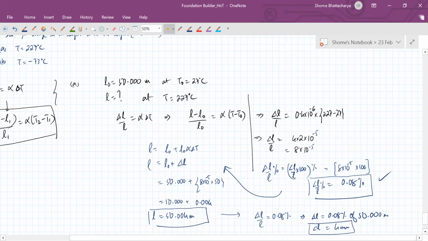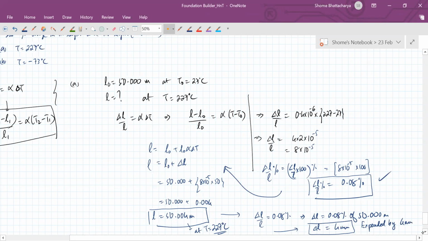Okay. So this is the new length at the temperature of 227 degrees C. This is the new length, and it has expanded by 4 millimeters for this temperature rise.